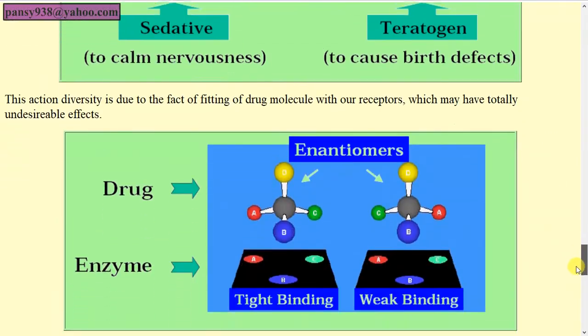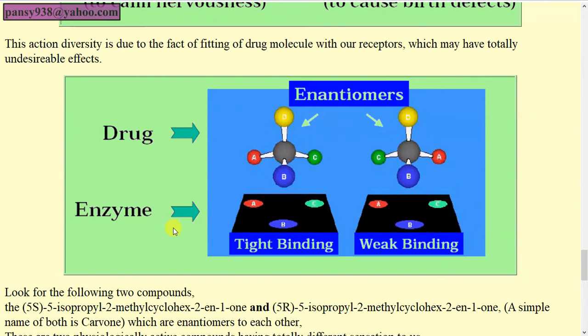This is because the drug-enzyme action may have totally different actions, because in the receptors in our body, you see that B, A and C have the same connectivity in the receptor and in the drug that we are using, while its enantiomeric form, the second, which is the mirror image of the compound, has B on the same side, but A and C are different.